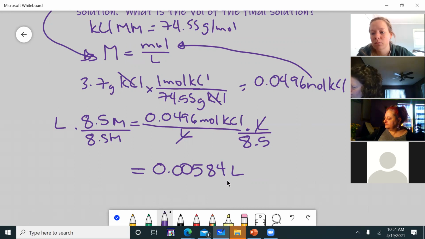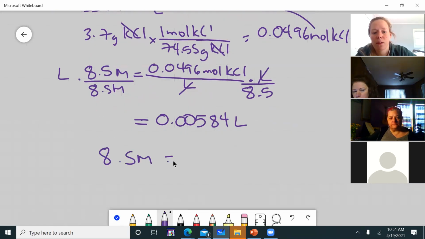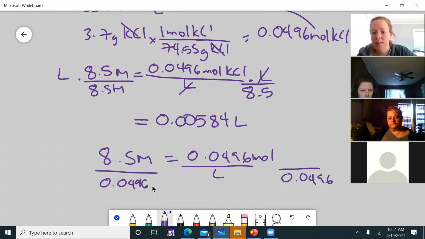It's a small volume, but it's a small number of moles. It's not a very big gram amount. If you fell into the pitfall where you had the equation 8.5 equals 0.0496 over the liters, and you thought, this was moles, I'm going to divide this side by this, so those cancel, you have solved for not liters, you've solved for 1 over liters.